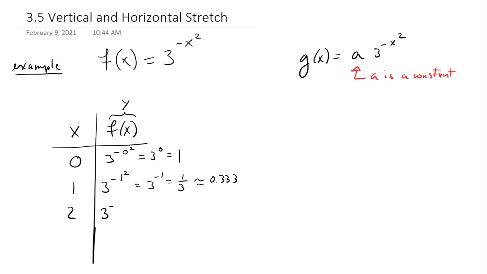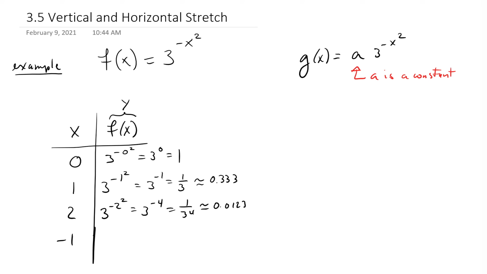Replacing x by 2, we get 3 to the minus 2 squared, so that's 3 to the minus 4. So 1 over 3 to the 4, that's really small actually. As you can see, as I increase the value of x, the y values are getting smaller and smaller, so the function is decreasing.